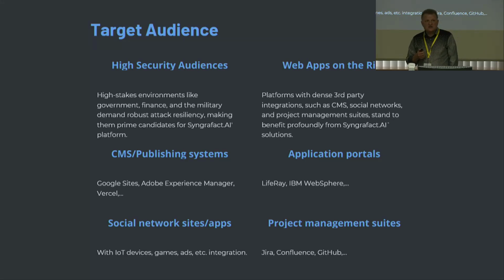Social network sites, if you remember, many of them rose because of including third-party vendor applications like games, voting, and follow-up. Facebook and Twitter, from the very beginning, offered the integration of third-party applications.